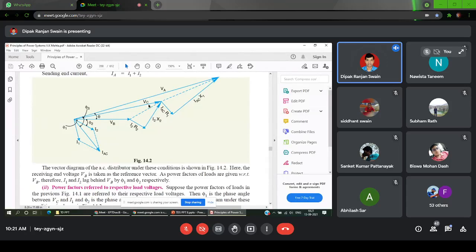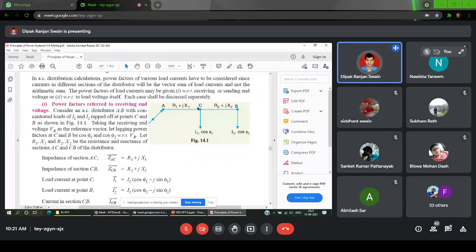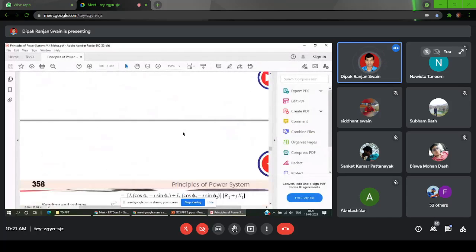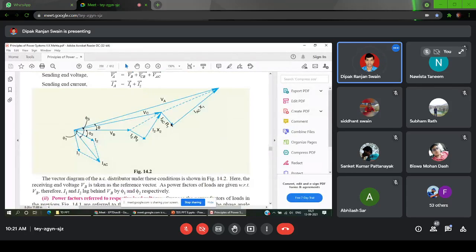But for the drop in the section AC, we have to take I1 plus I2, or IAC. What is IAC? The resultant vector of I1 plus I2 is IAC. So when you add the voltage drop to VC to calculate VA, it will be IAC R1 plus j IAC X1. That will generate the voltage VA.